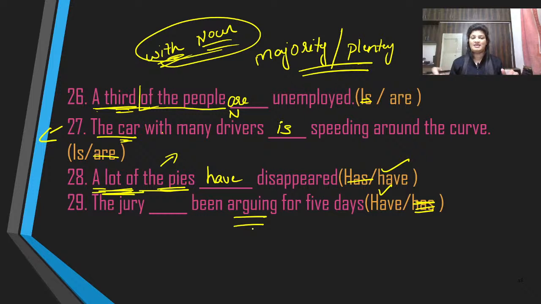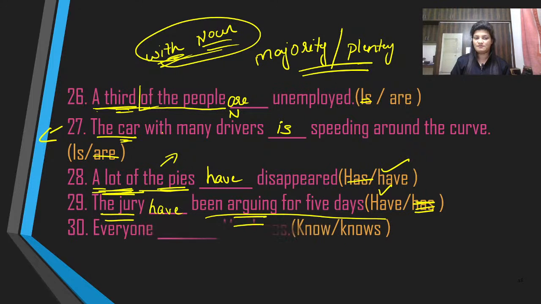That's why here, even though jury is a collective noun, you do not consider it a singular subject, but instead use a plural verb, because the opinions put forth by them are in fact different opinions. That's why we consider it a plural subject and not a singular subject.